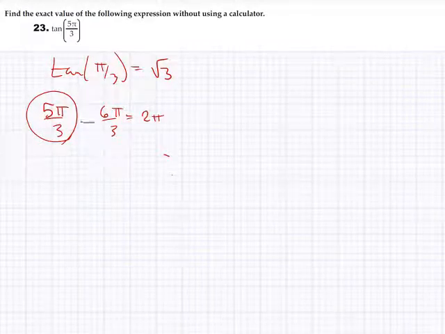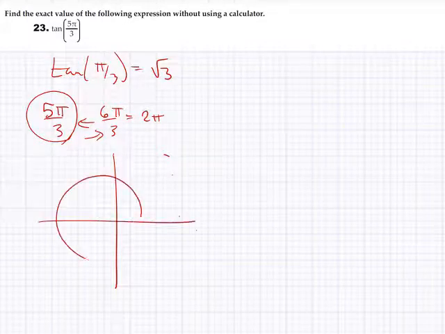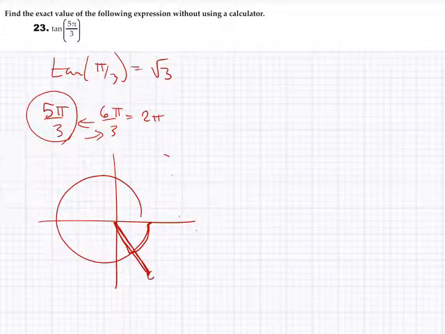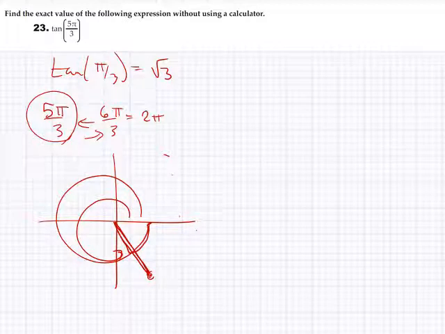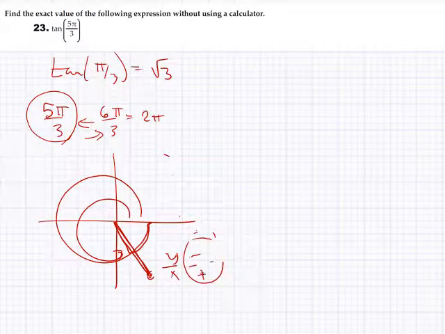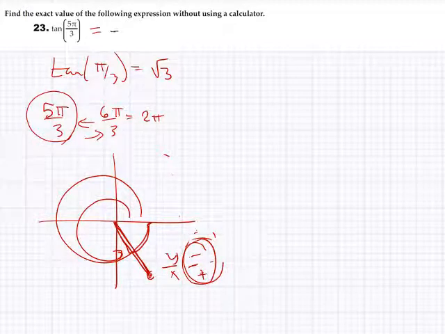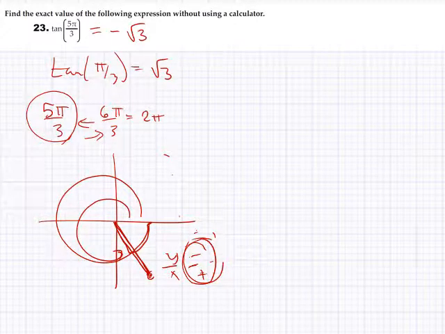So this is pi thirds smaller than this one. So if that's the case, we have 2 pi. Go pi thirds back from there. That's where 5 pi thirds should fall. Quadrant 4, this is 5 pi thirds. Tan in quadrant 4, if we're using y over x, should be negative over positive, which should give us a negative overall.